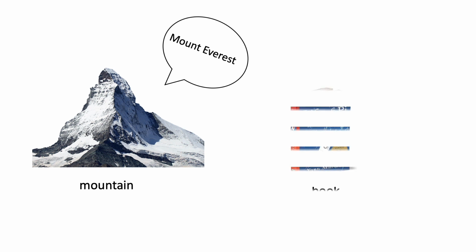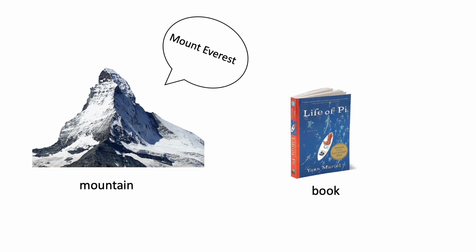Let's say a book. Here, we're not being specific about which book it is. It can be any book, so it is a common noun. But if we say that the book is Life of Pi, then we're being more specific and saying that the book name is Life of Pi. So this is now a proper noun.